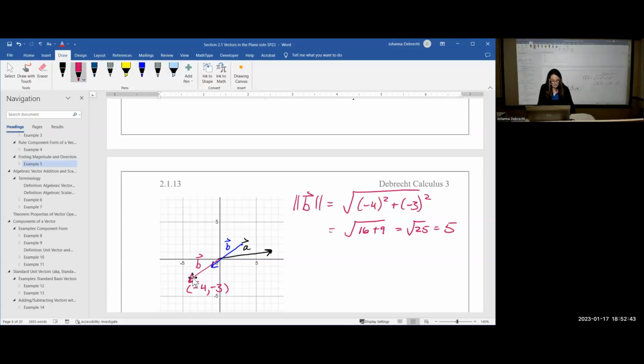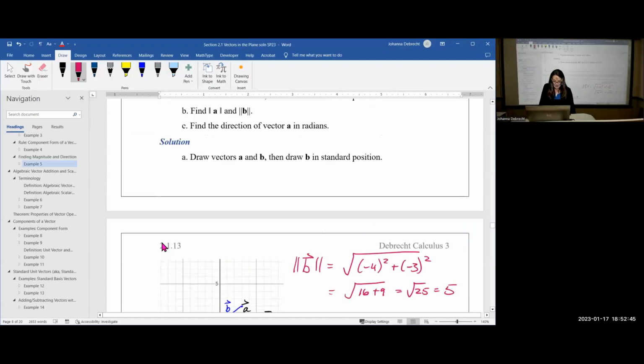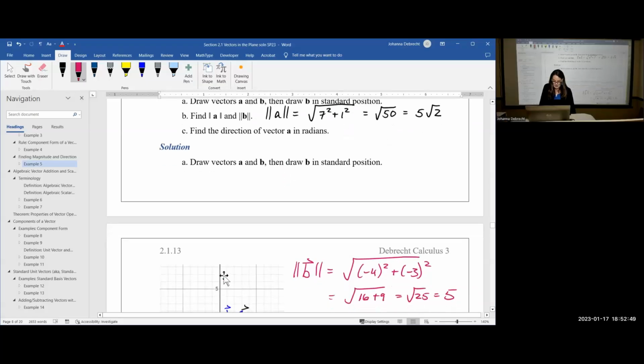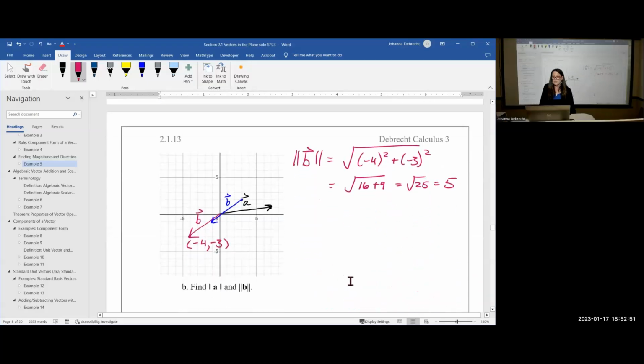Okay. Now, I think the last thing we were asked to do was find the direction of vector A in radians. And it doesn't specify where the direction's being measured from, so we'll assume from the positive x-axis. So we want to look at this right here. We want to measure this angle theta. And this angle theta is basically this angle right here, right?